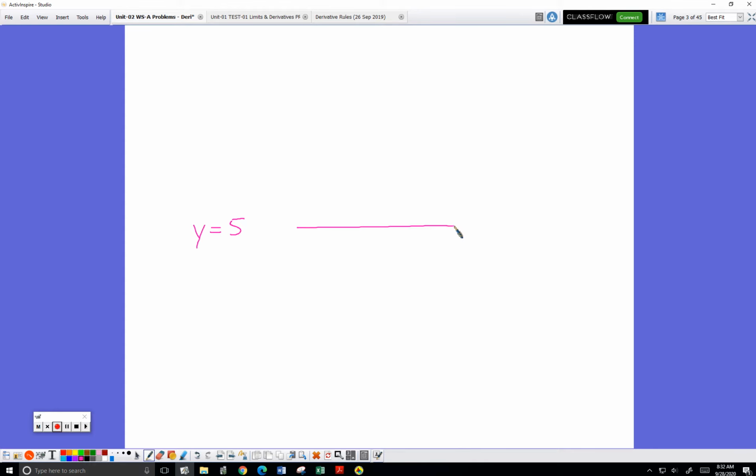The tangent slope of a horizontal line is 0. So the derivative of 5 is 0. Reminder, d doesn't mean derivative, d means difference. Derivative is the comparison, the change in the y compared to the change in the x. So derivative is the entire box, d just means difference, not derivative.